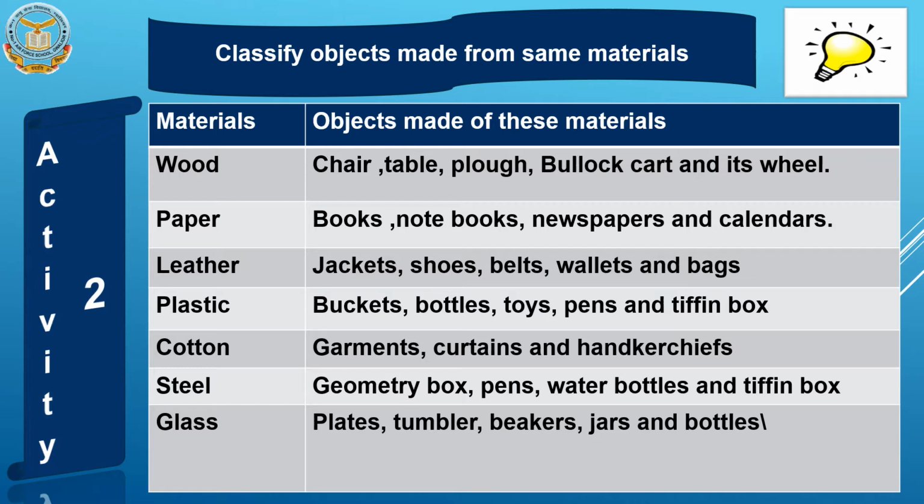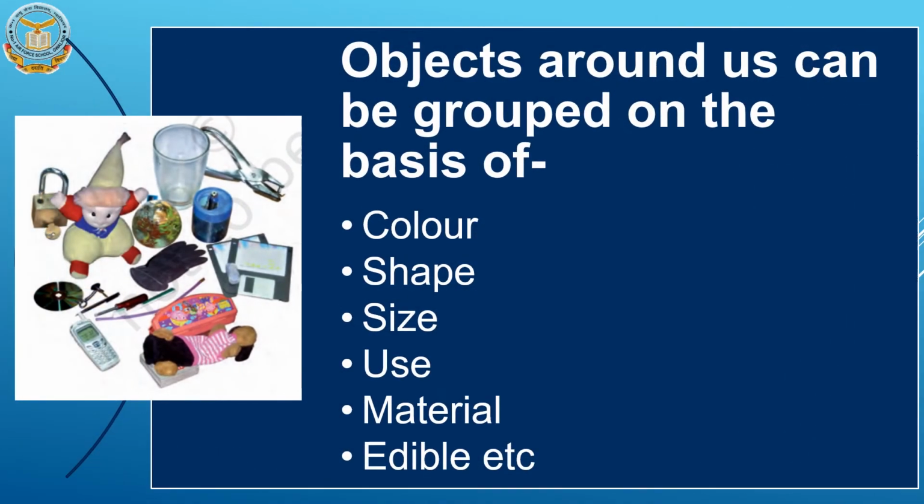And then again, one material could be used for making many different objects. Hence, a wide variety of objects around us can be grouped on the basis of their color, shape, size, the materials they are made up of, or if they are edible or not.